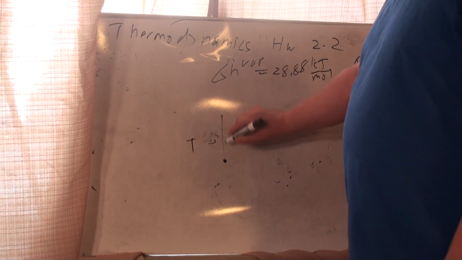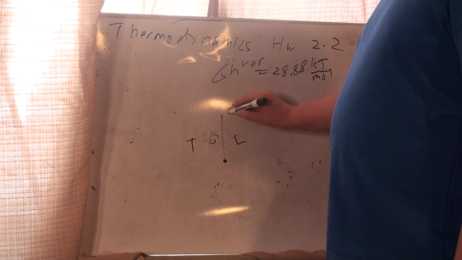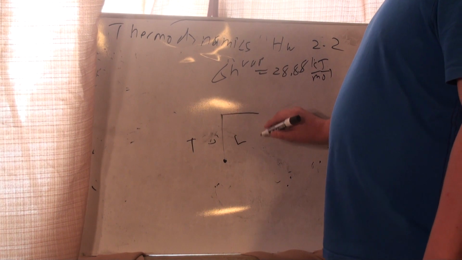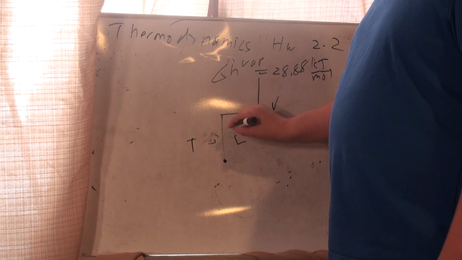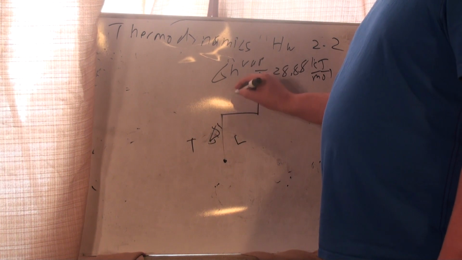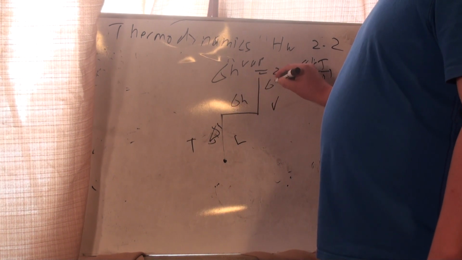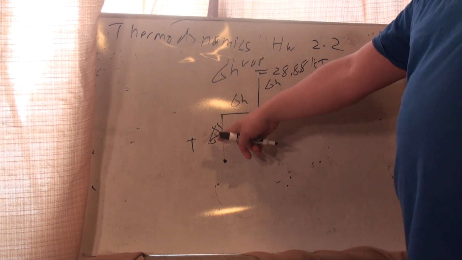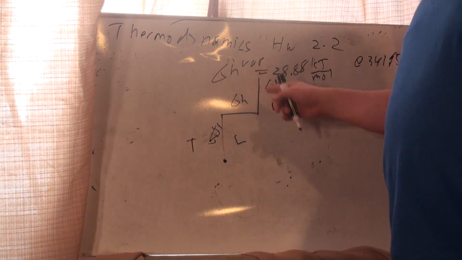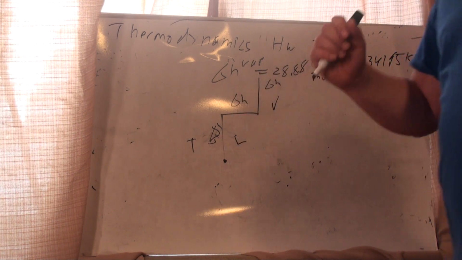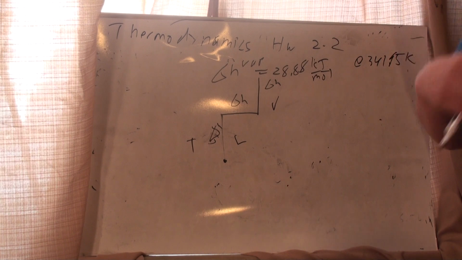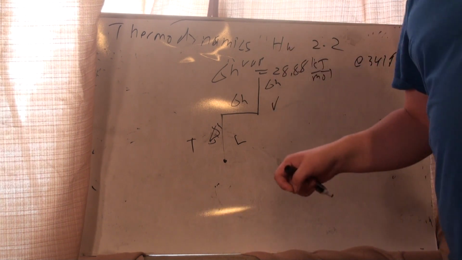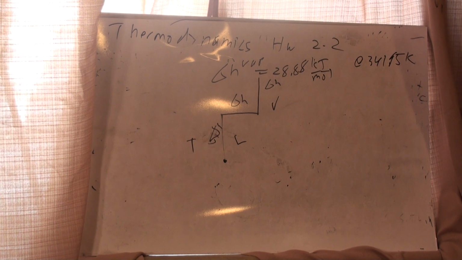I'm going to heat this up as a liquid, and then I'm going to bring it over to a vapor, and heat it up some more. And there's a delta H according to this, a delta H according to this, and a delta H according to this. This one is just the temperature increase of the liquid, this one is the temperature increase of the vapor, and this one, well, not a temperature increase, because temperature shouldn't increase during the phase change. This is the enthalpy increase associated with it boiling. Okay?